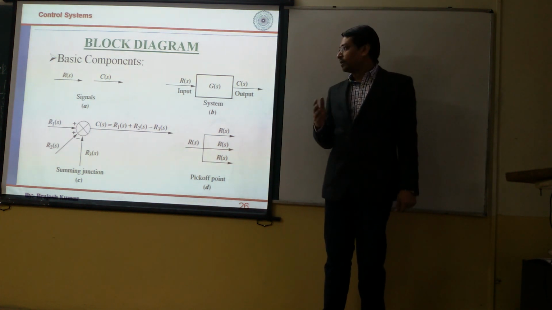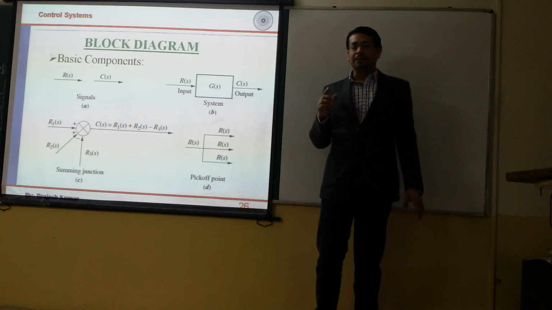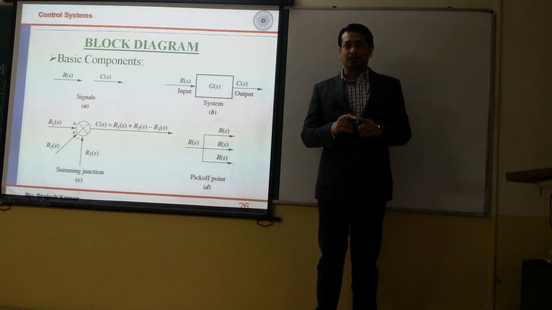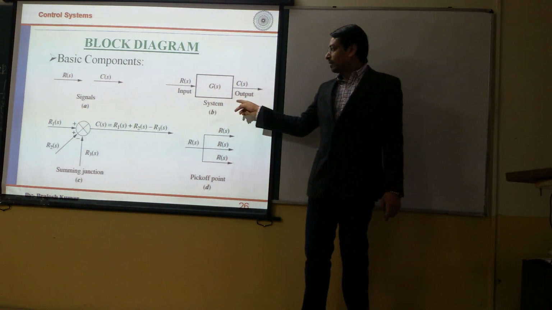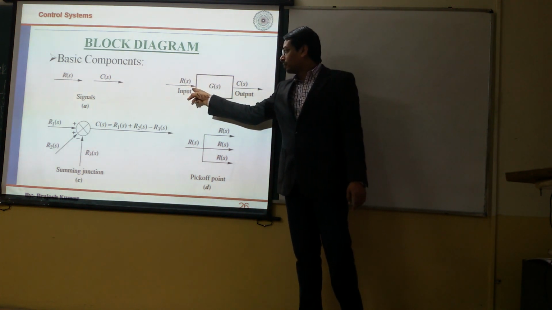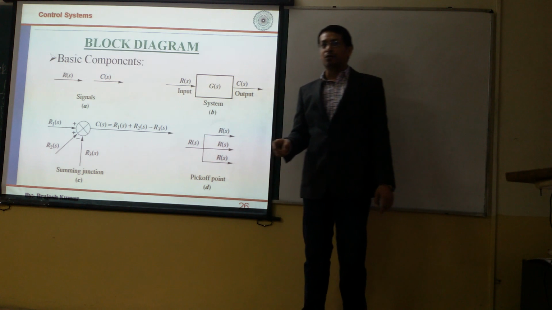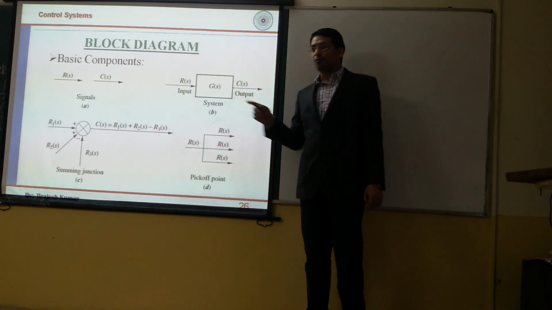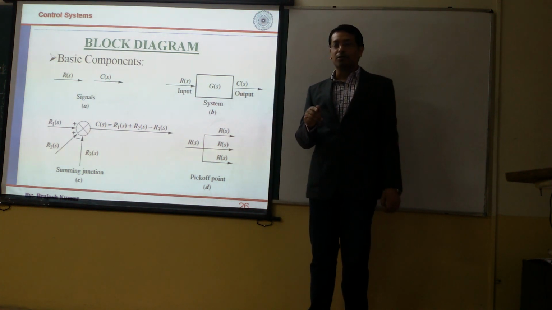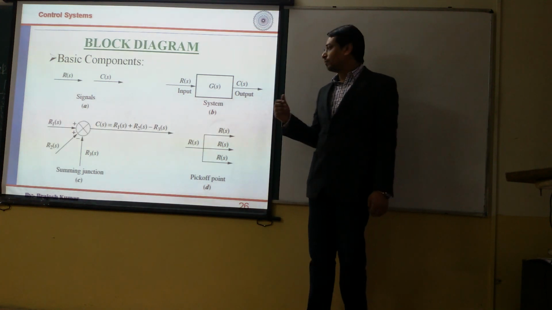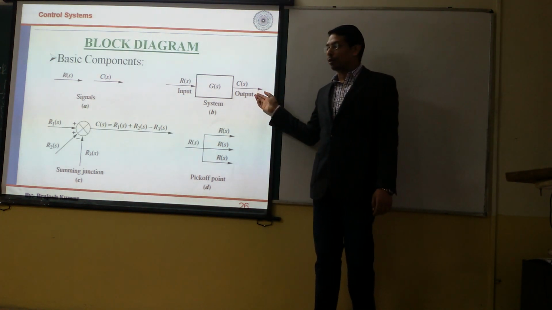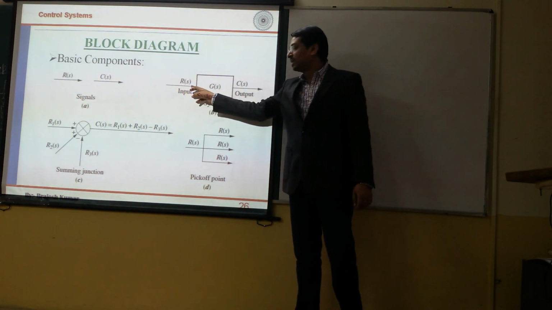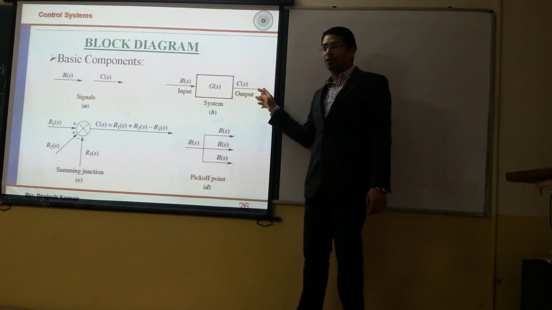So a system is represented by a block. If the arrow is directed towards the block, it is the input to the block, and if the arrow is directed out of the block, this is the output of the block.